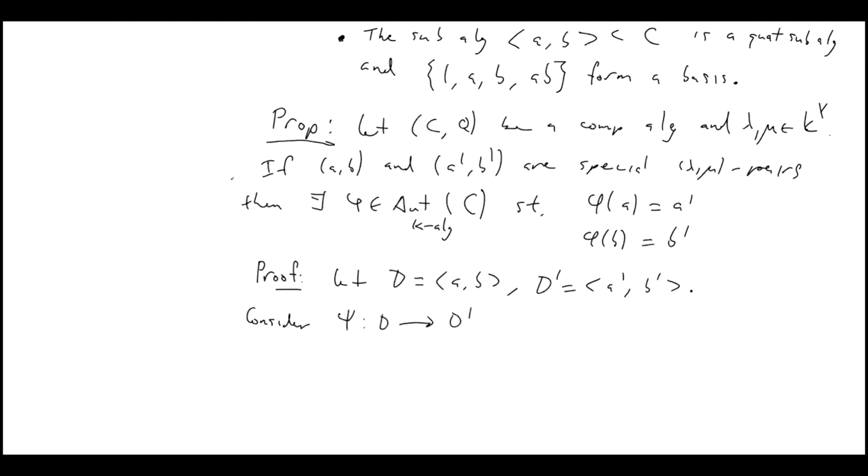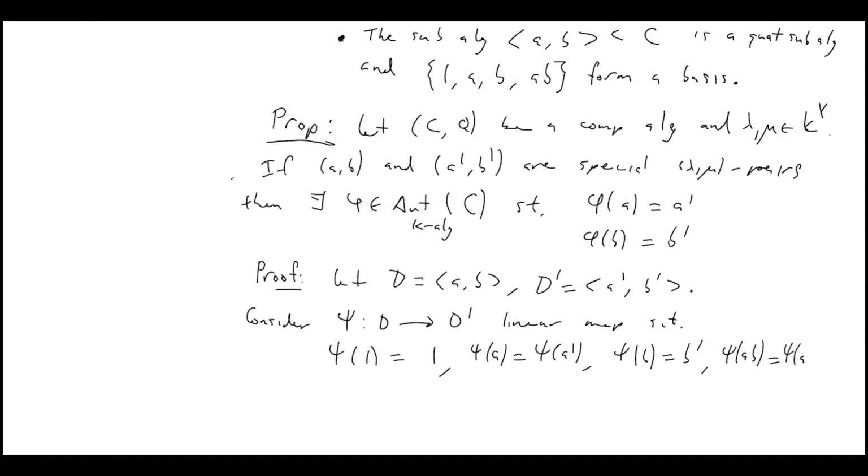I just want this to be a linear transformation, and I have a basis for D and a basis for D prime. Psi of 1 goes to 1, psi of A goes to A prime, psi of B goes to B prime, and psi of AB is A prime B prime. Now you can check that this is an algebra homomorphism.